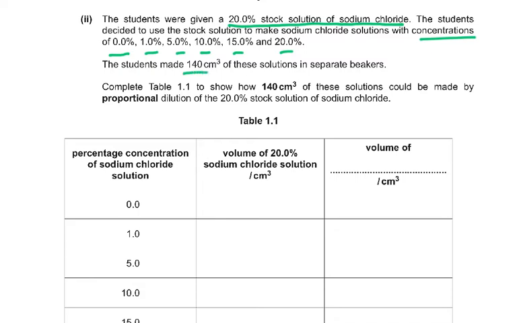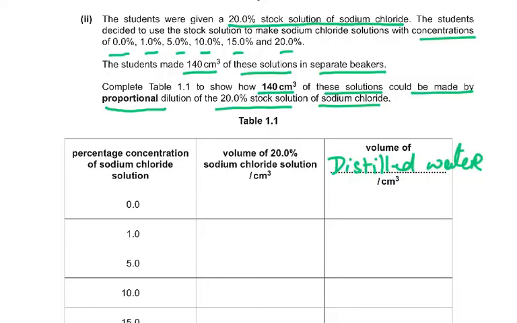The students made 140 cm cube of these solutions in separate beakers. So the total volume was 140 cm cube. Complete table 1.1 to show how 140 cm cube of these solutions could be made by proportional dilution of the 20% stock solution of sodium chloride.